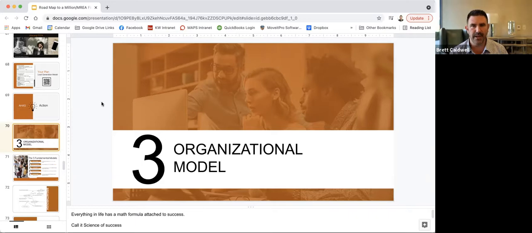How do we do that, and what are the best practices around it? This month, we're going over the organizational model, which is how to build an organization so that I can accomplish my dreams, goals, desires, passions.